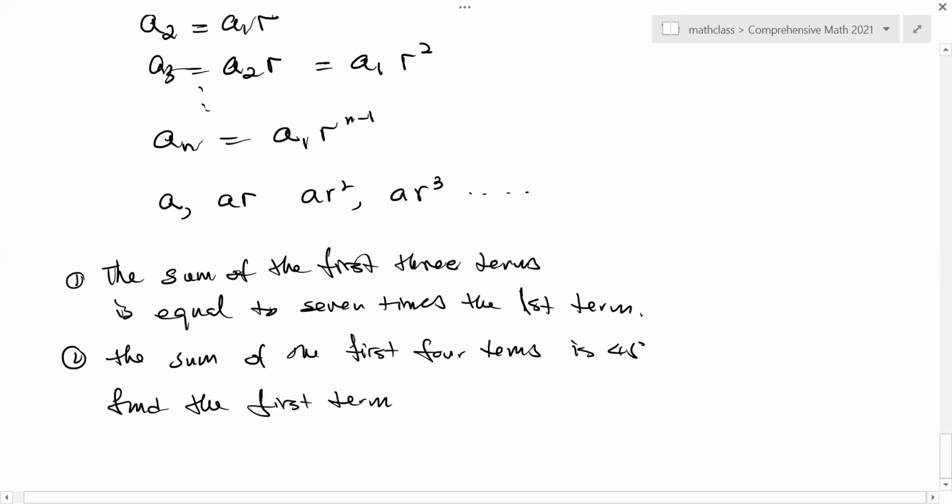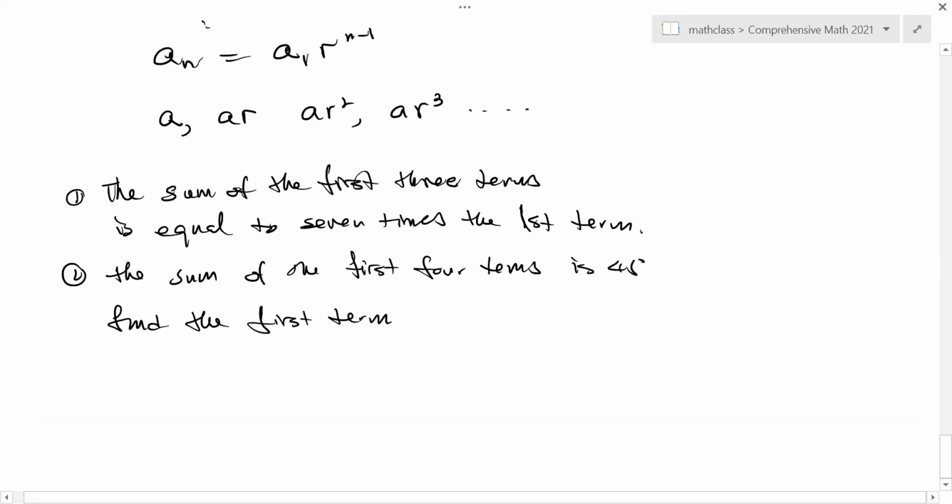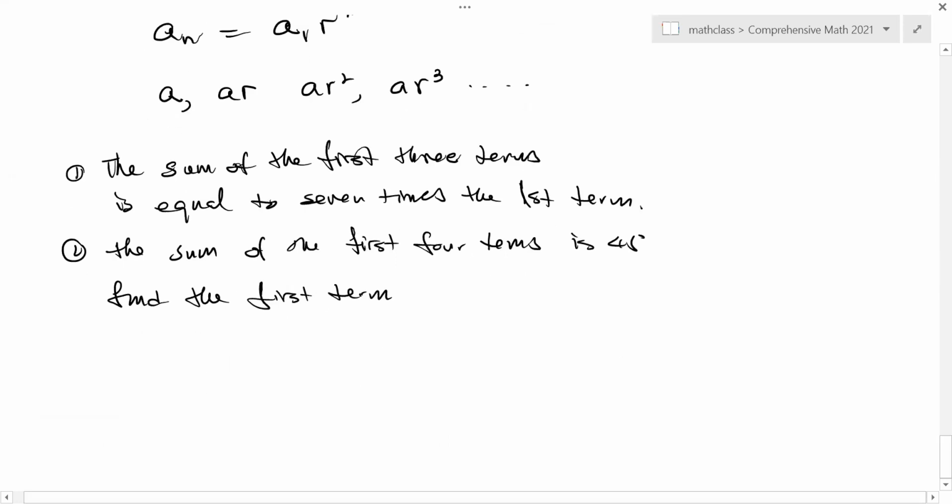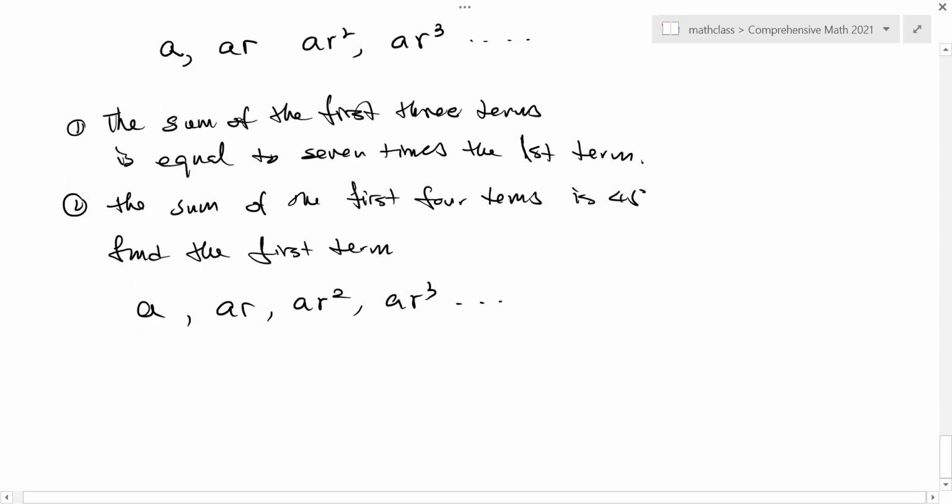Okay, so to solve this problem, you write down this geometric sequence in the form like that. The first three terms means the sum of the three terms equals 7 times the first term.